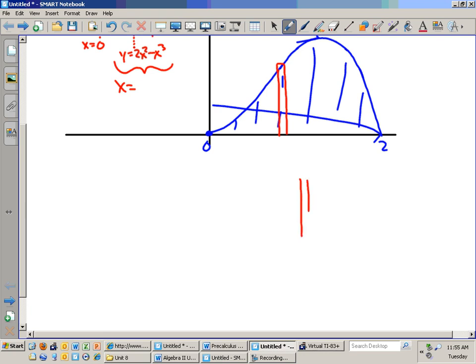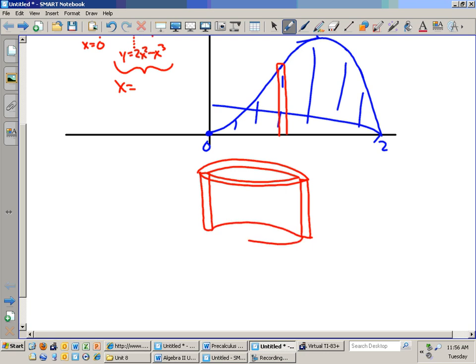Yes. As I take that rectangle and rotate it around, there's your shape.